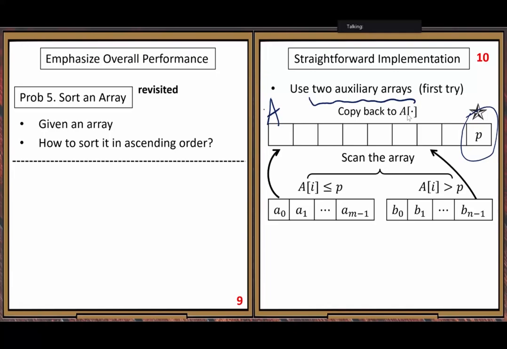Because your memory resource on your computer is limited, if your algorithm uses more than necessary resource, you waste your memory resource.